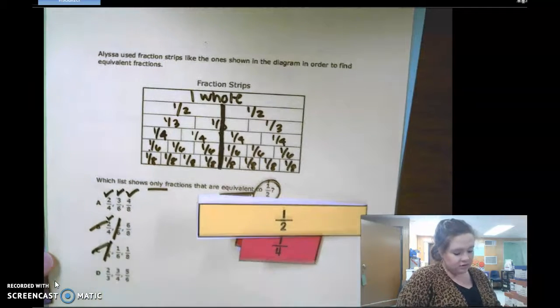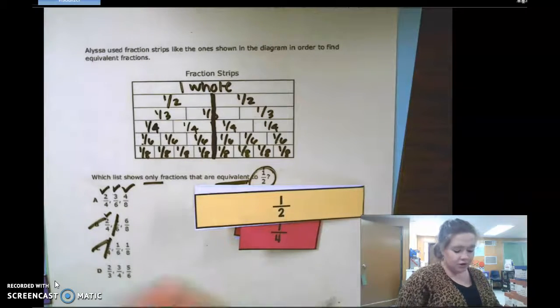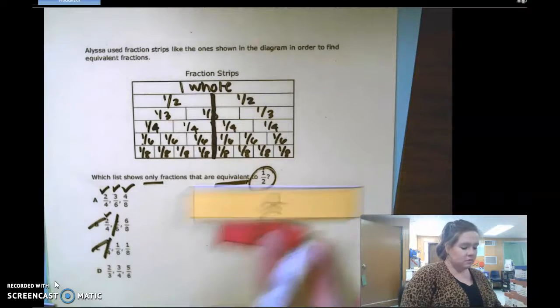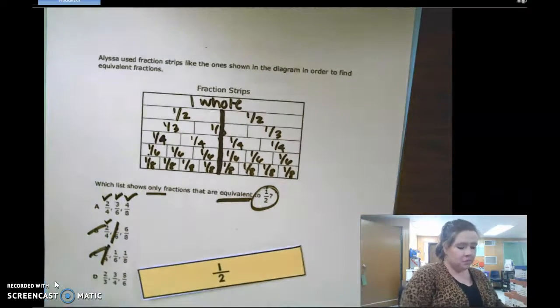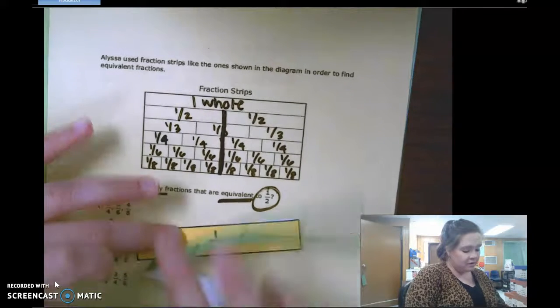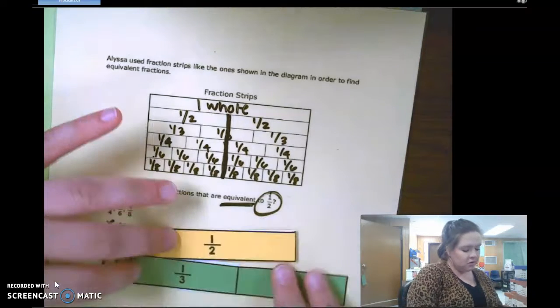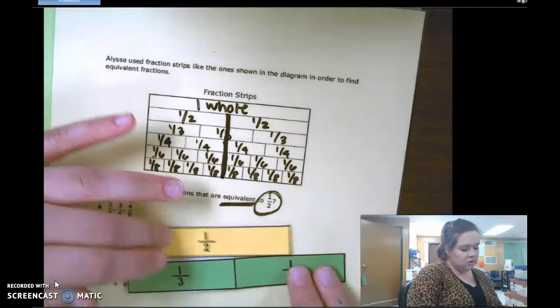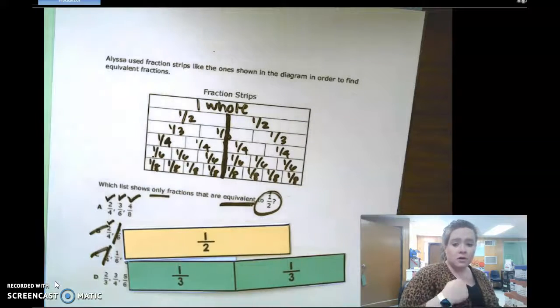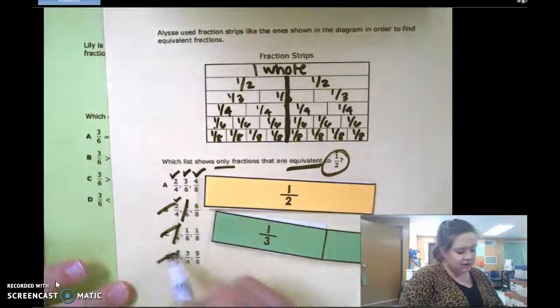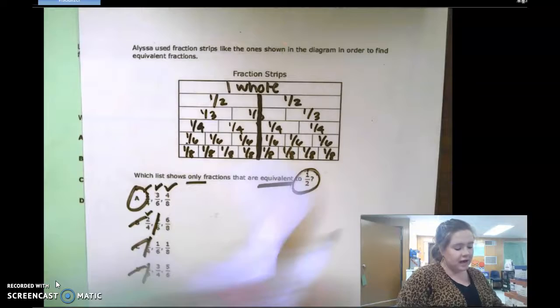That makes this whole answer choice wrong. 2/3 and 1/2, those are not equivalent, so that makes this whole answer choice wrong. The correct answer was letter A.